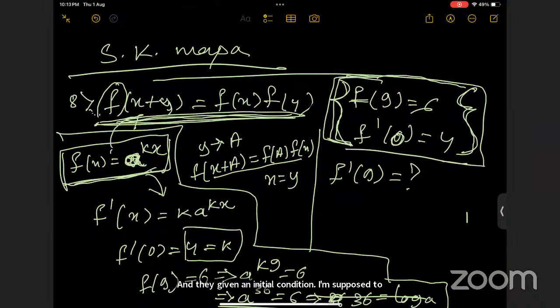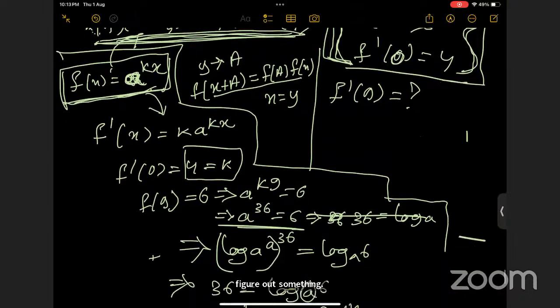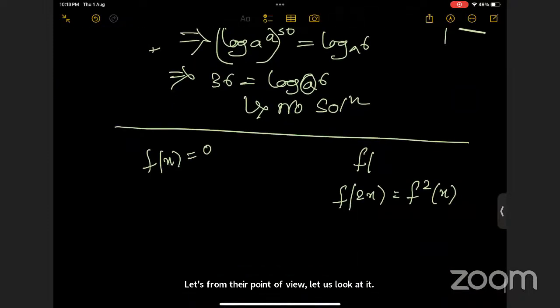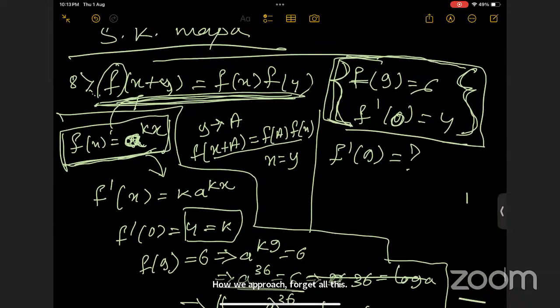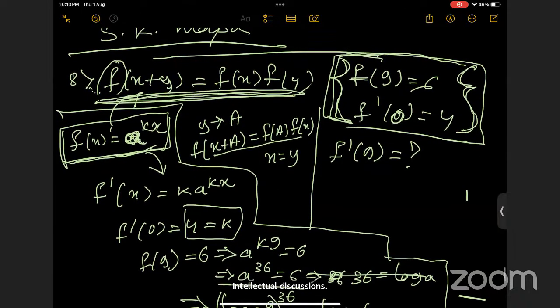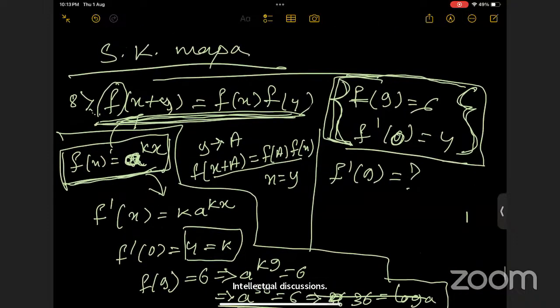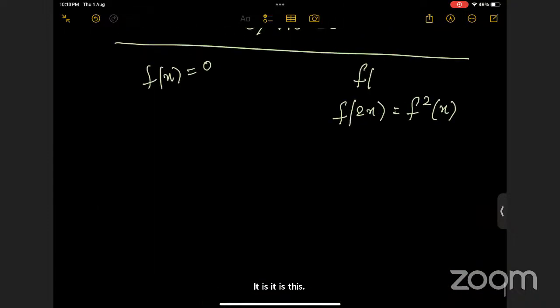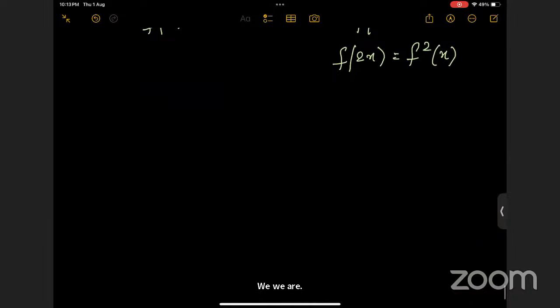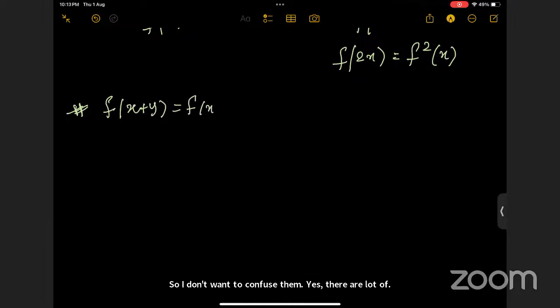Forget all these intellectual discussions. We are here to motivate the students to love mathematics and love the way of analysis, so I don't want to confuse them. Yes, there are a lot of poles and blow-up points. Later on, they will figure it out. Let's right now go ahead with this.